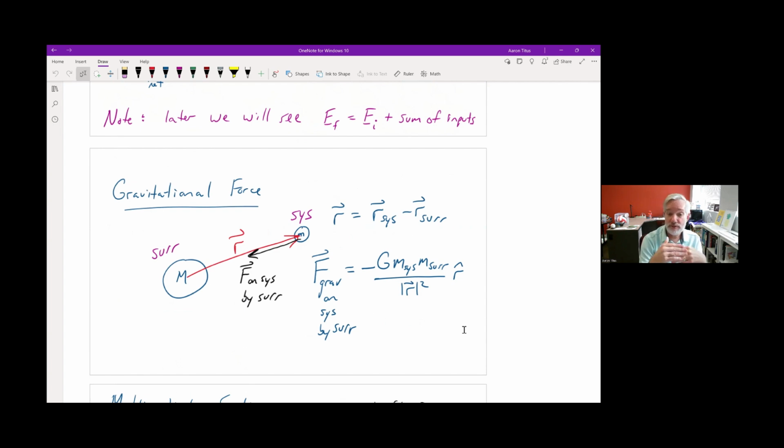Then we use that R vector to calculate the gravitational force on the system by the object in the surroundings. Again, defining the system is critical to getting the direction of the R vector correct. If you don't define your system and surroundings correctly, it's maybe confusing on how to draw your R vector. Well, your R vector goes to the system.